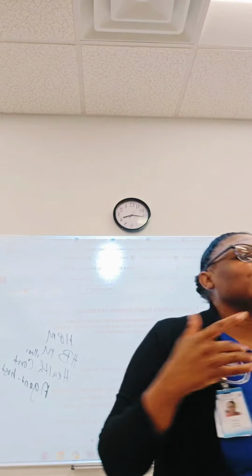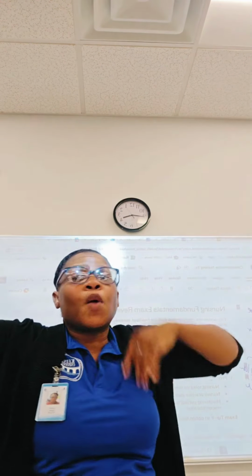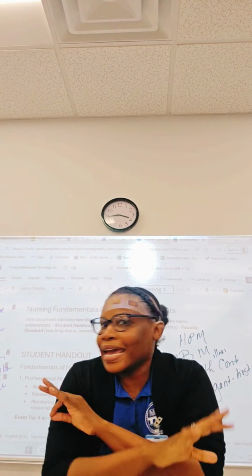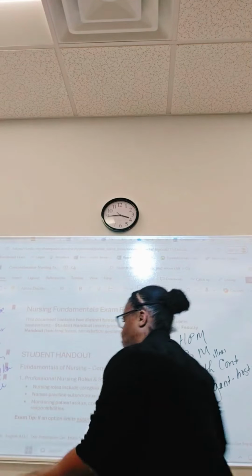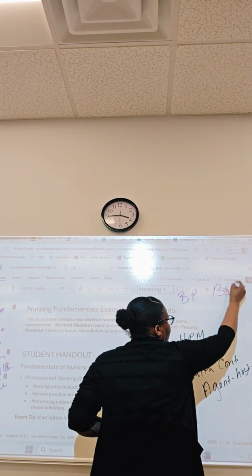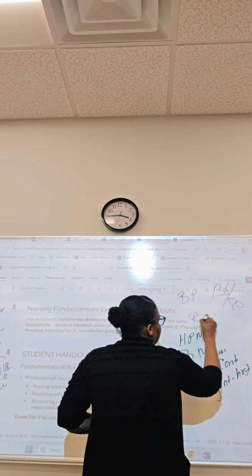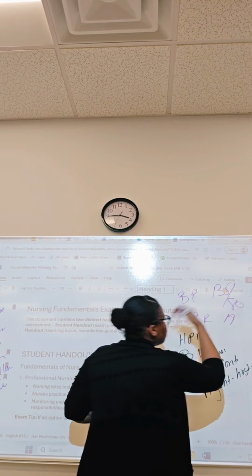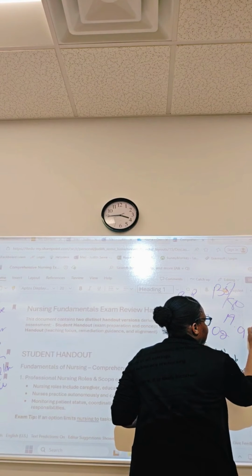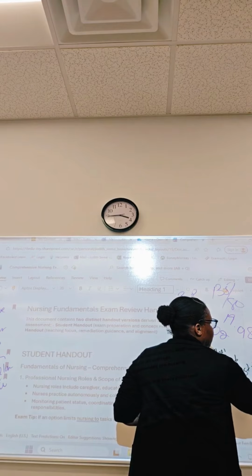Diagnosis. Okay, what does it mean to diagnose again? Label the problem. Label the problem. Okay, based on what? Based on the assessment. If it's not in my assessment, it's not in my diagnosis. I assessed that a patient has a BP of 135/80, respiration 19, and O2 sat is 98% room air.